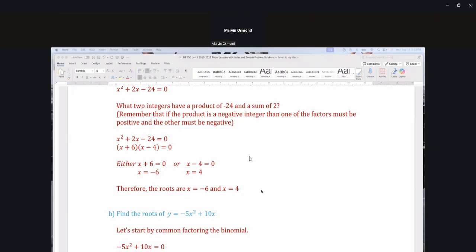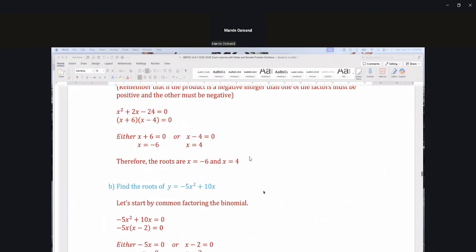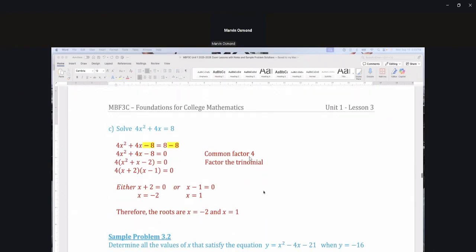And we refer to them as zeros because the y-coordinate of the x-intercepts will always be 0. In order to stay on the x-axis, the y-coordinate has to be 0, because if it was 1 or minus 1, you would be above or below the axis, and then it's not the intercept. So we looked at that last week.